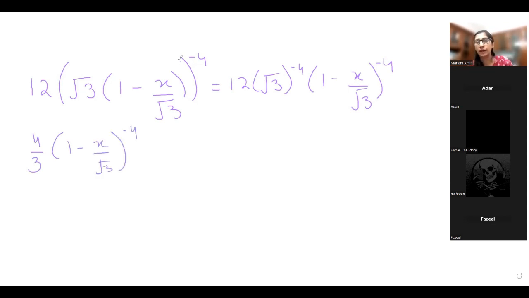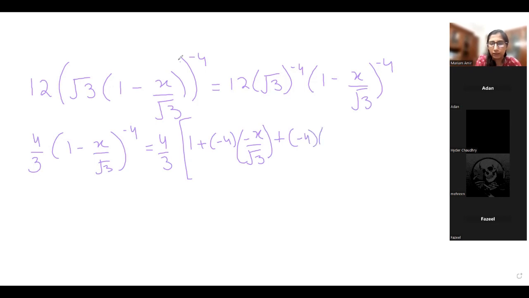And now we can apply binomial. Okay, so it's going to be 4 over 3 stays the same. 1 plus nx plus n(n minus 1) upon 2 factorial times (minus x upon under root 3) whole squared, and these are the three terms.